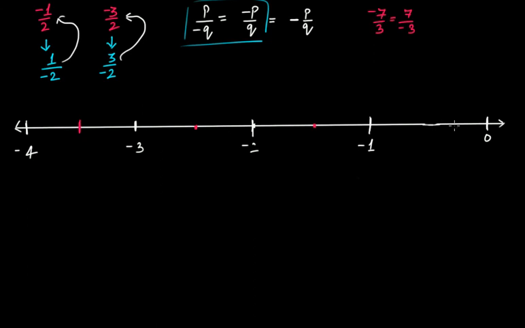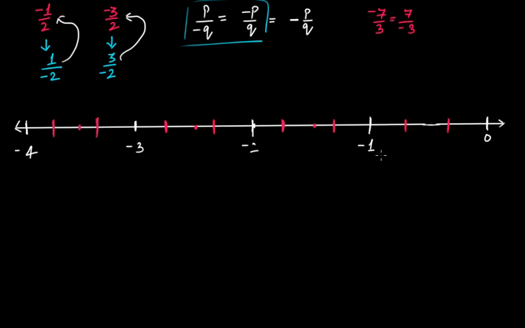So divide this into 3 equal parts. 1 part, 2 part, 3 parts. 1 part, 2 part, 3 part. Just ignore the previous one. 1 part, 2 part, 3 part, right? Though it's not looking equal, just assume that these all are equal parts.